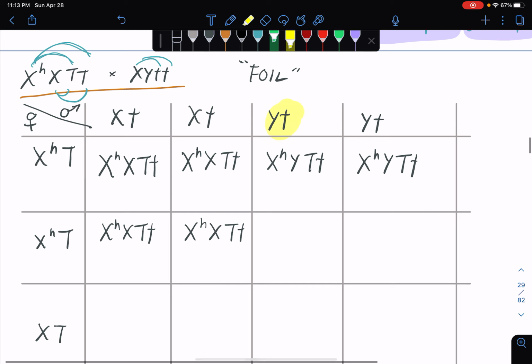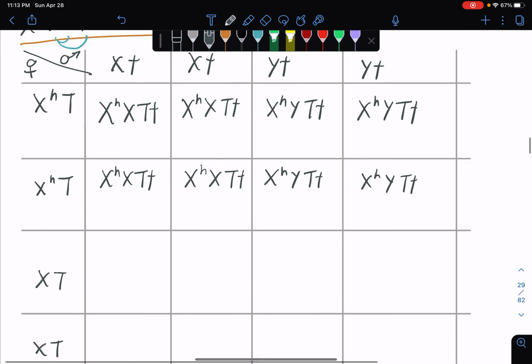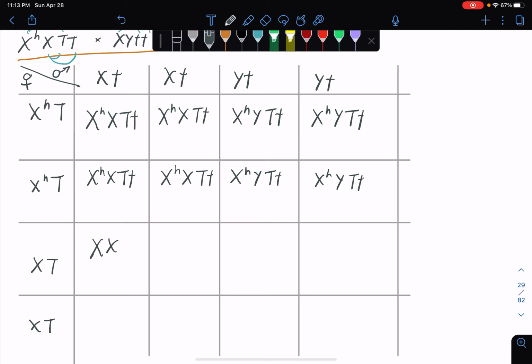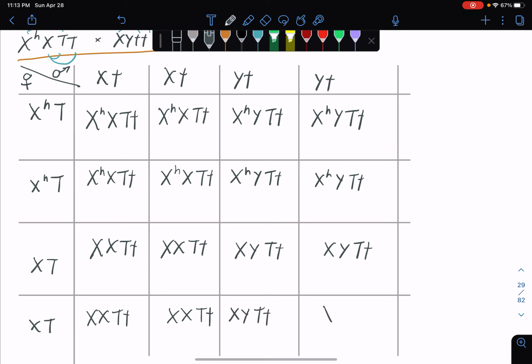Again, we're looking from these two. Then XX T t, XX T t, XY T t, XY T t, repeated across the remaining boxes.